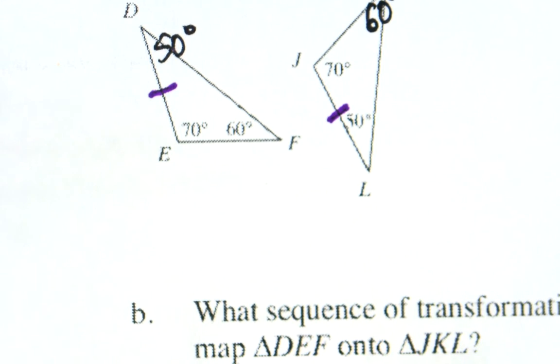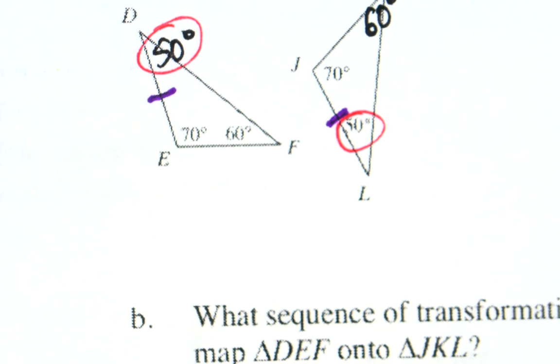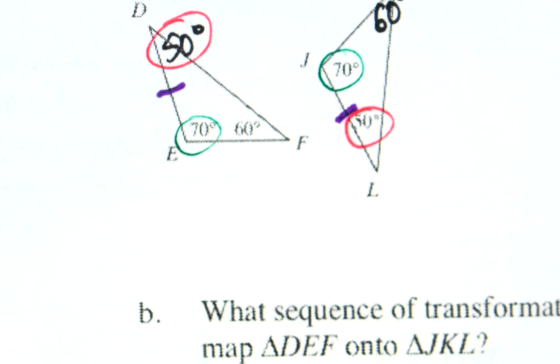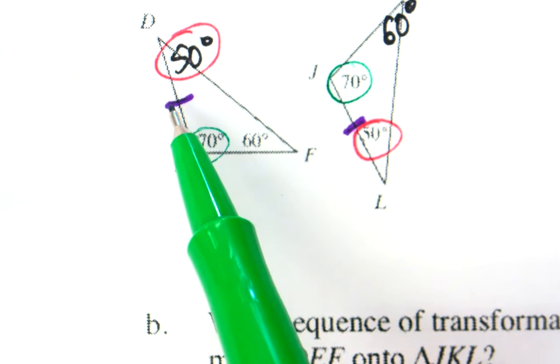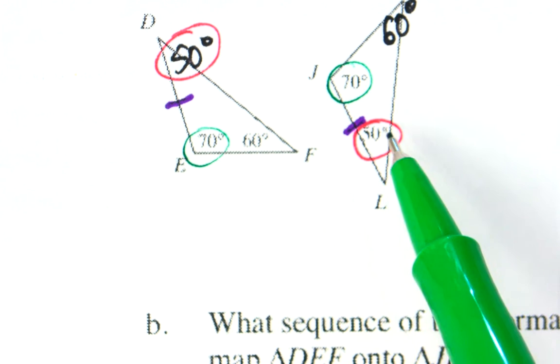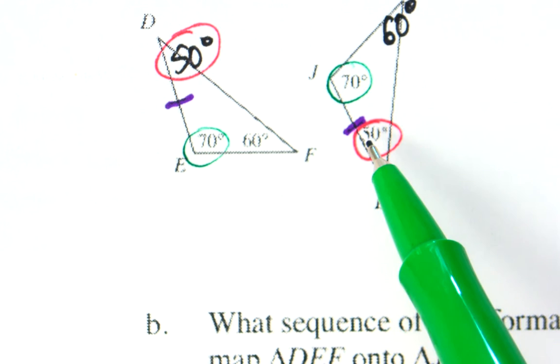Now, the one thing you should notice is that the congruent line is in between the same two congruent angles. We have 50, we have 50, and we have 70, and we have 70. So the same purple segment is in between the red and the green angles, right?